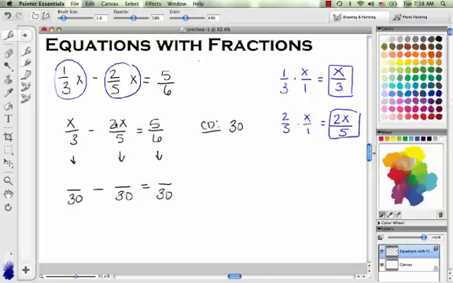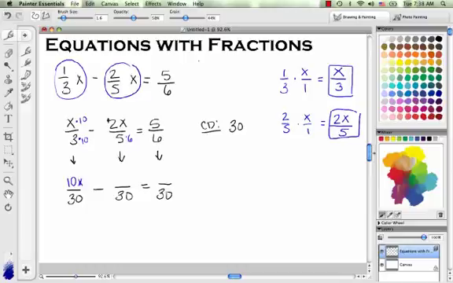I'm going to show myself this work on the original equation. So 3 times 10 equals 30. And so if I multiply the denominator, I need to multiply the numerator. And x times 10 we can think of as 10x.